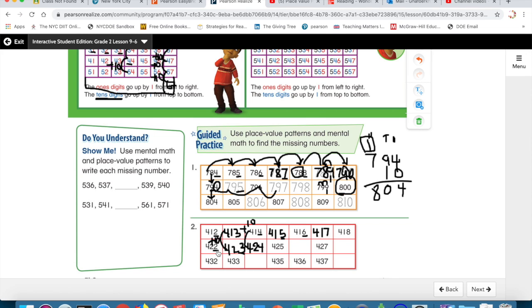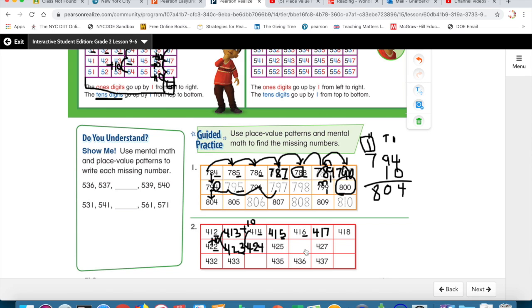So 422 plus 1 is 423. So was this number right? Yes. 423 plus 1 is 424. So was this number right? Yes. So you could figure it out either way. You could do it from top to bottom, changing your tens, or from left to right and changing your ones. You can do both. You could choose one. It's up to you.